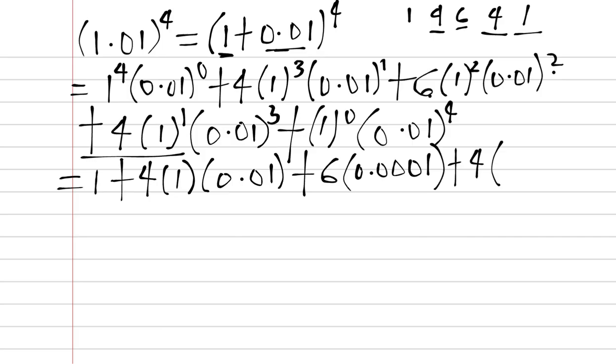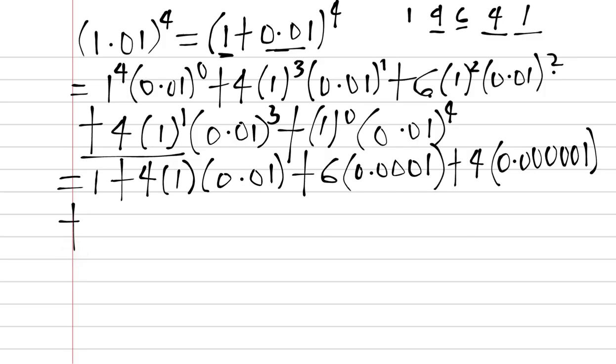That means if I want to do raised to power 3, I will have 6 zeros. So this will be 0.000001.